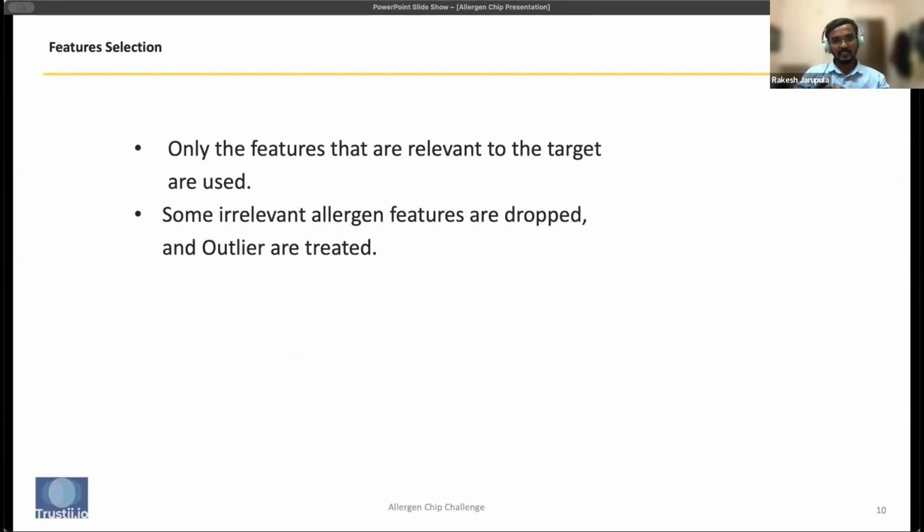That would result in a very light model along with fast computation. You don't need a vast amount of resources for training that model. Basically, we are using less data and getting a more accurate model with it. Some irrelevant allergen proteins were dropped and some outliers were treated by replacing them with the second highest value.